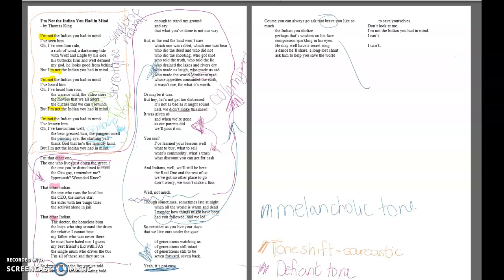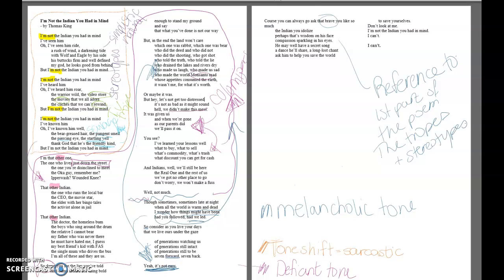So now this is referencing back to the first part of this poem, the tropes or the stereotypes. And he says, maybe you can ask that person to help you save the world.